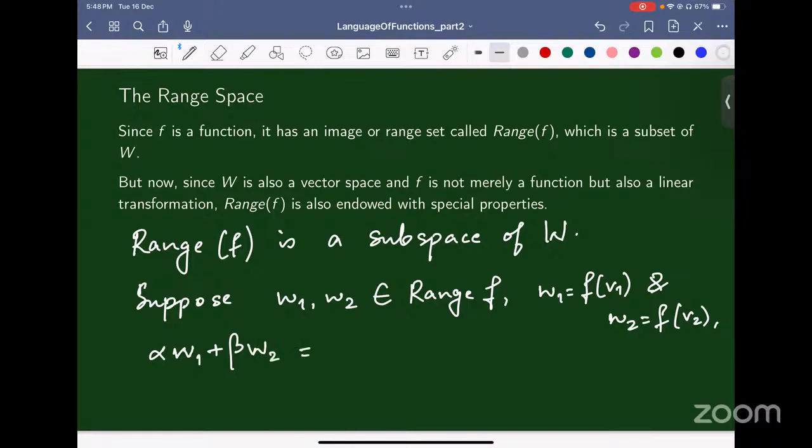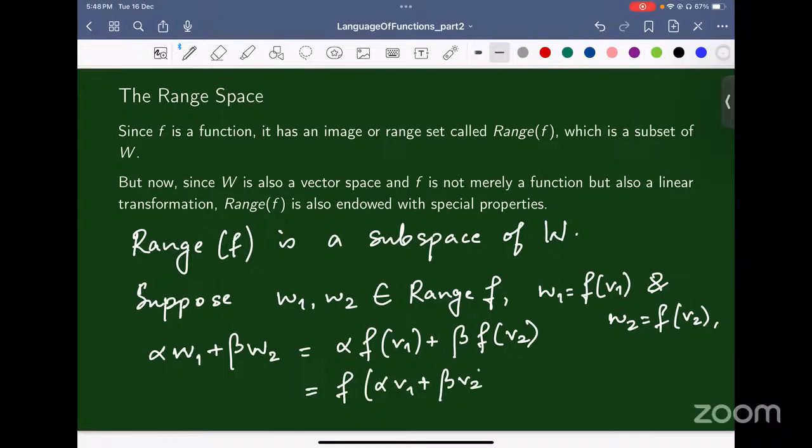Well, this is equal to alpha f of v1 plus beta f of v2 by just substituting for w1 and w2. And by the linearity of f applied in reverse, this is the same as f of alpha v1 plus beta v2.